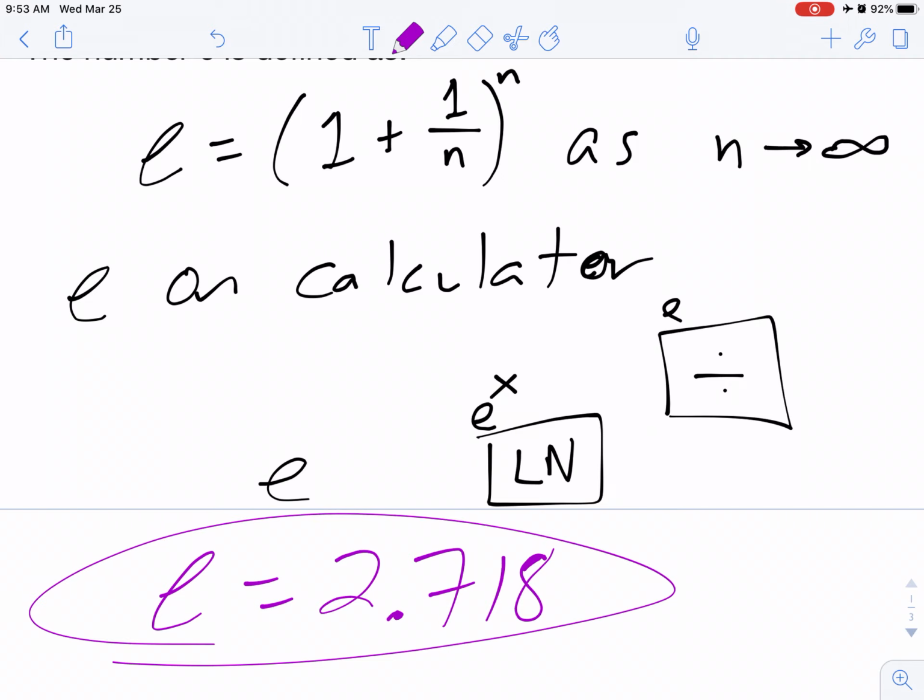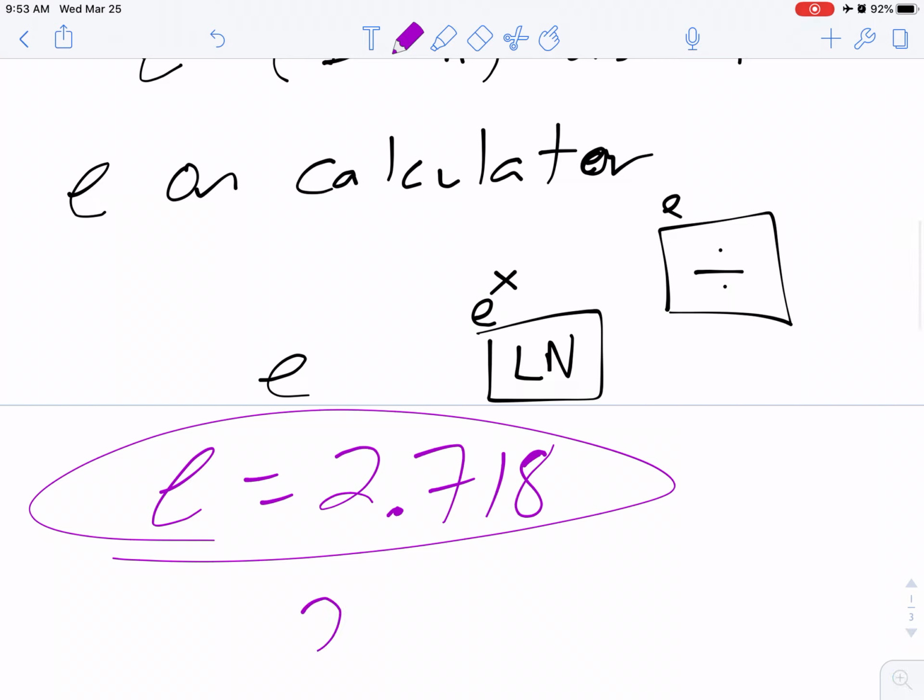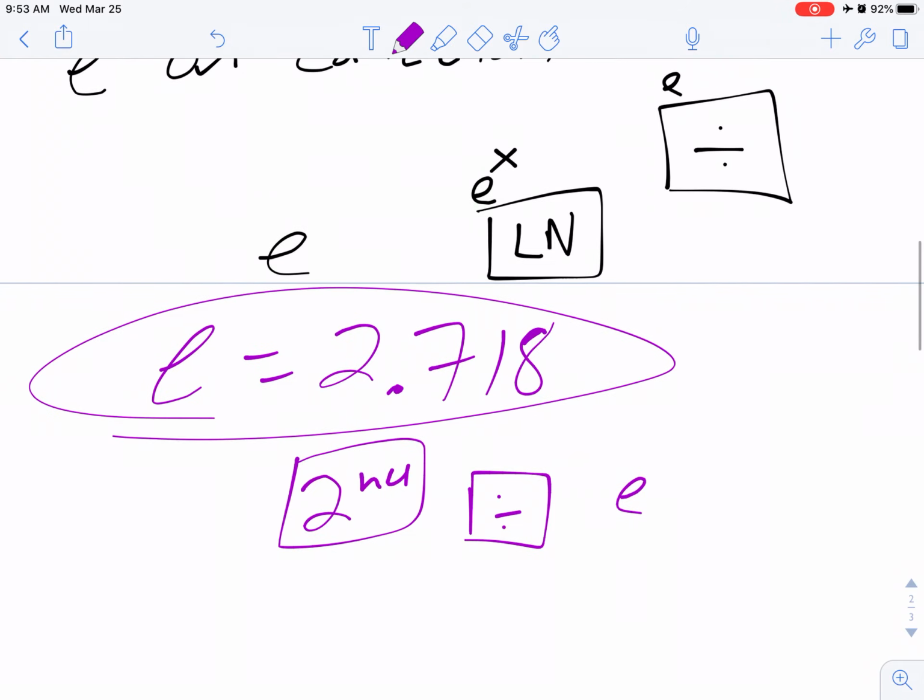So take a minute to mess around with your calculator, clear off your screen, type second and then the divide button, and your e should show up. Then push enter, and you should get 2.718.